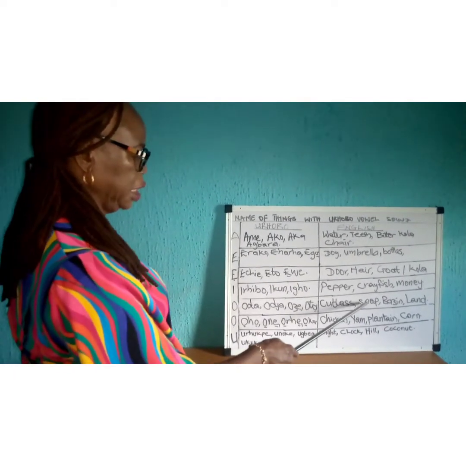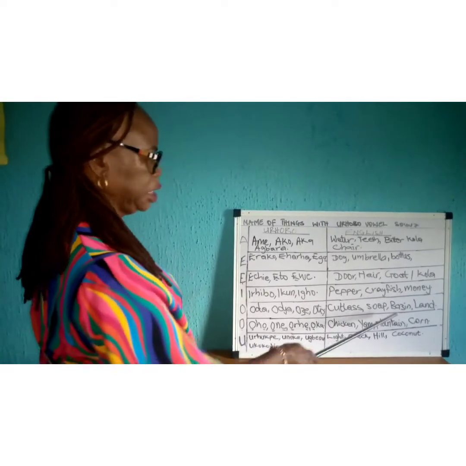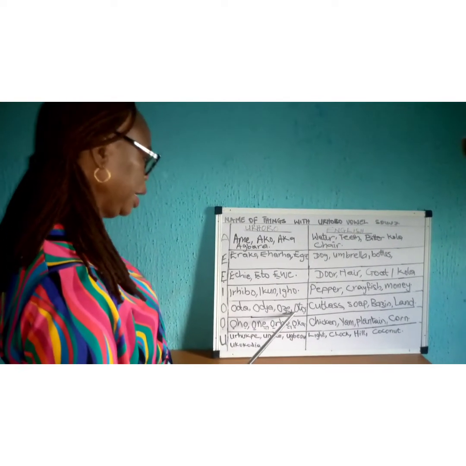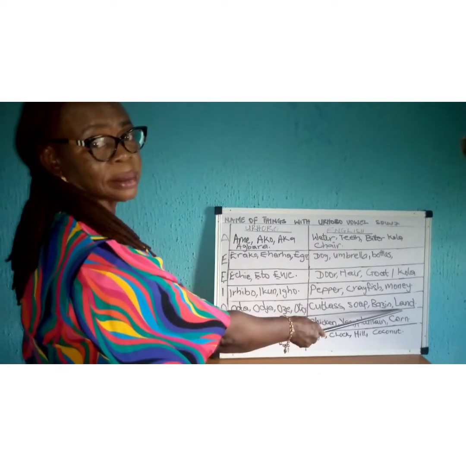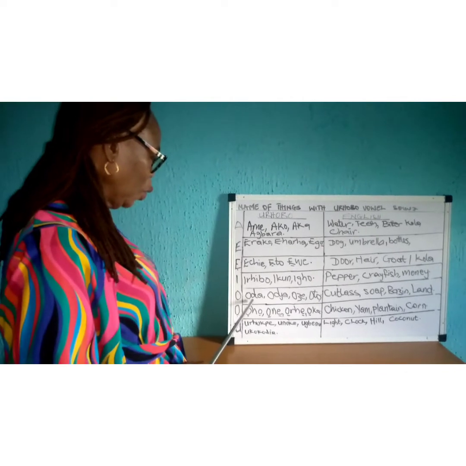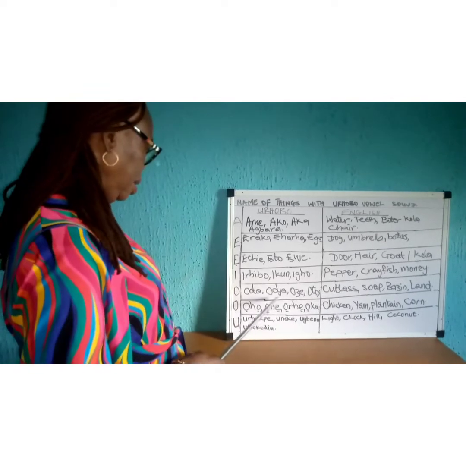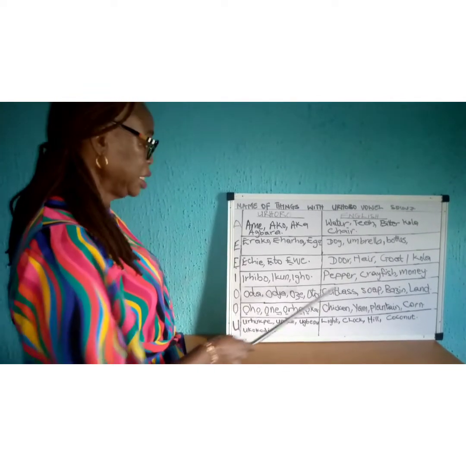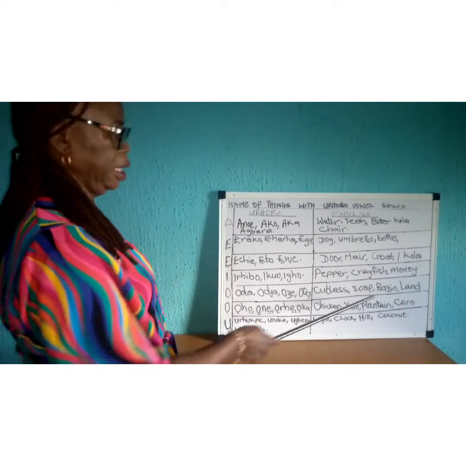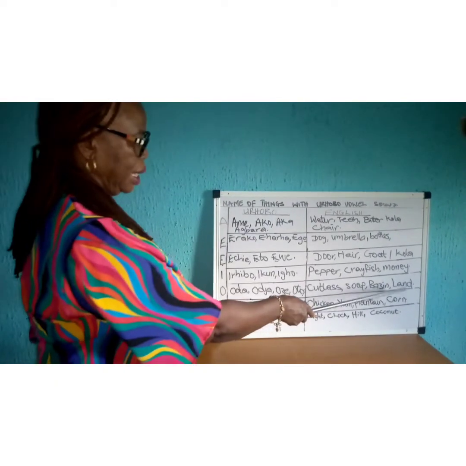Oja in English is soap. Oze in English is basin. And oto in English is land. I repeat it again. Oda in English language is cutlass. Oja in English language is soap. Oze is basin. And oto is land.